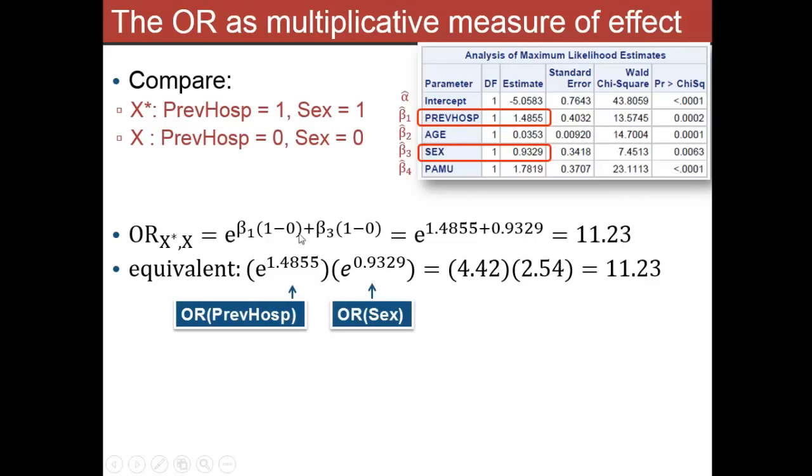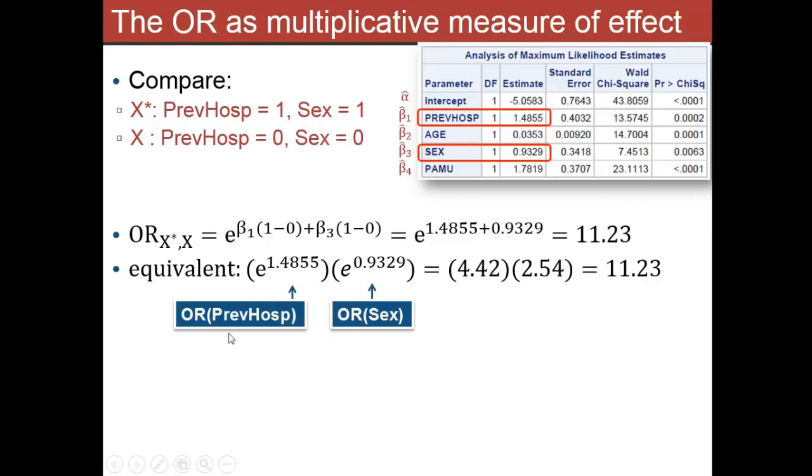So this plus can be converted into a multiplication. What this means is that e to the beta 1 plus beta 3 is equal to this. This is just e to the beta 1 and this is just e to the beta 3. You get the odds ratio.